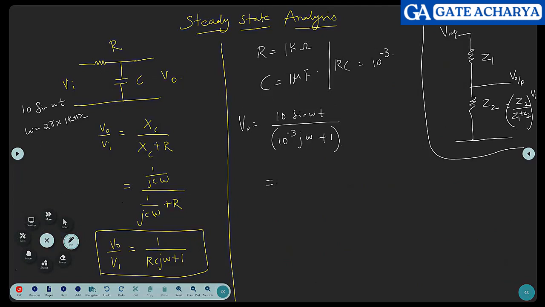By the way, what is omega? 2 pi into 10 power 3. So you are going to get 10 sin omega t divided by 2 pi j plus 1. Now what is the magnitude of 2 pi j plus 1? Let me first talk about magnitude. What is the magnitude of this? Can you find out?